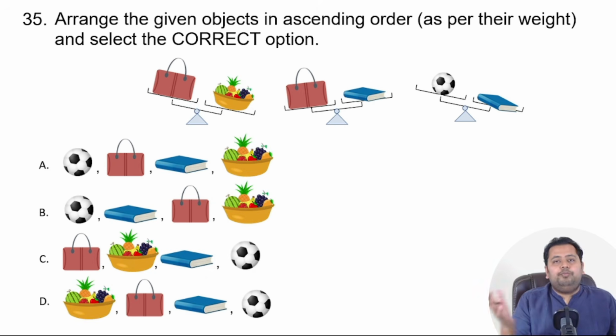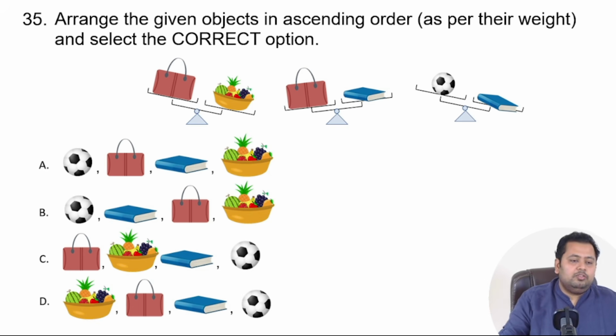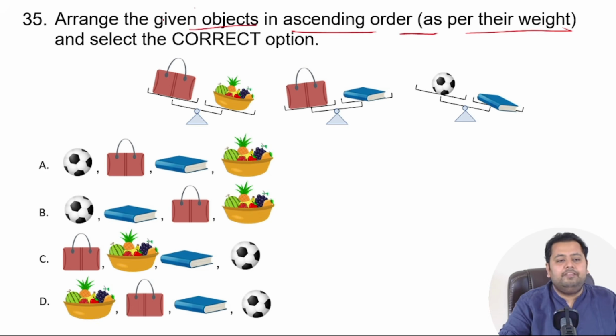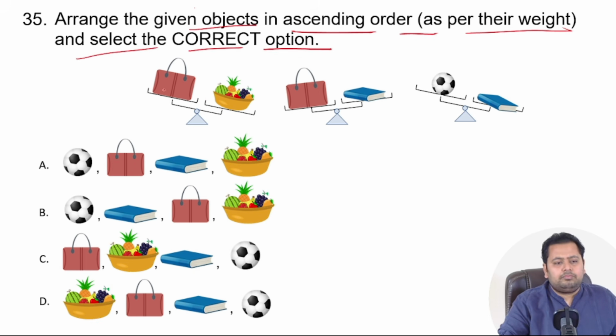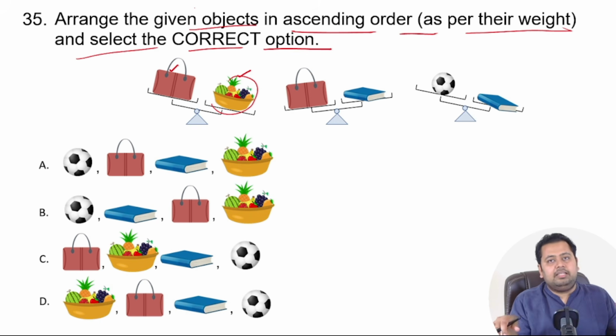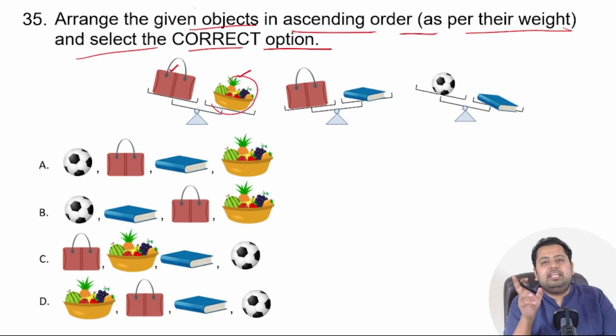Great. I hope you would have solved it correctly. So let's see. Arrange the given objects in ascending order as per their weight and select the correct option. Now, as you see, there is a bag and there is a fruit basket. Now, if this is tilted more, the fruit basket is more slanted, more tilted towards that, that means fruit basket is heavier.